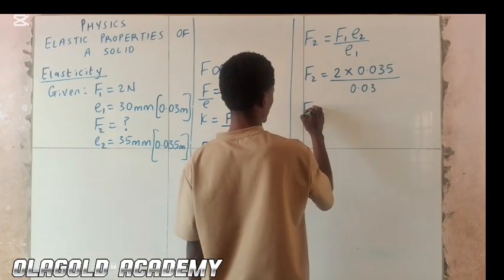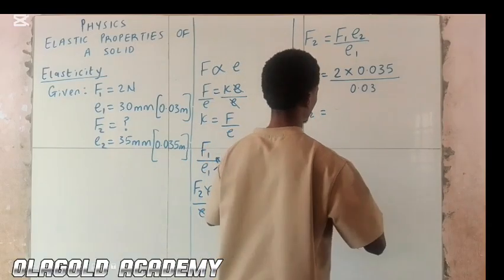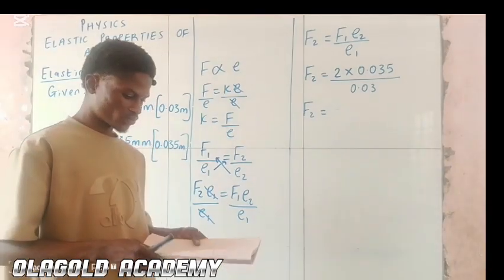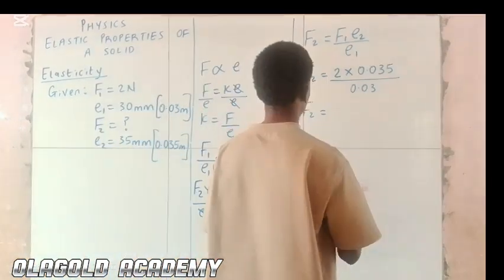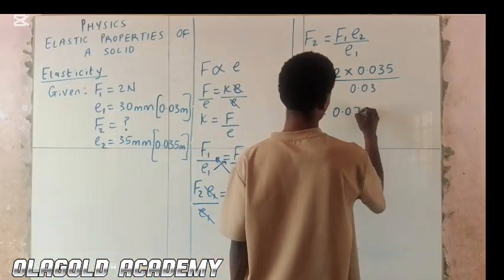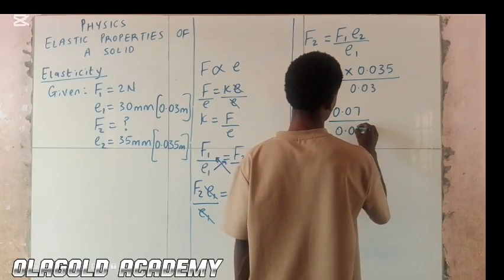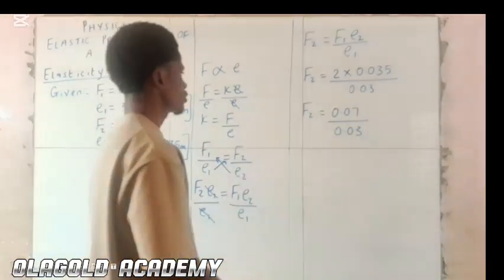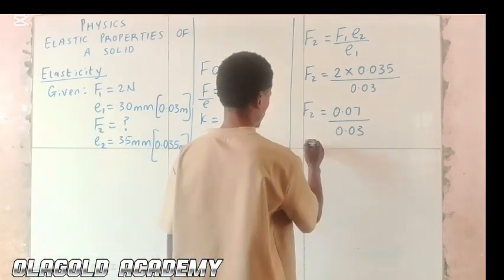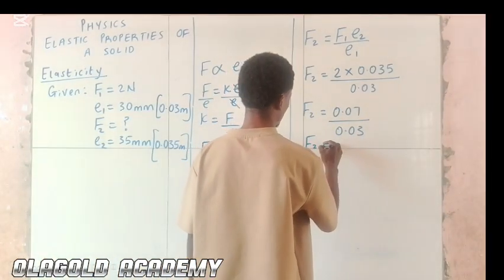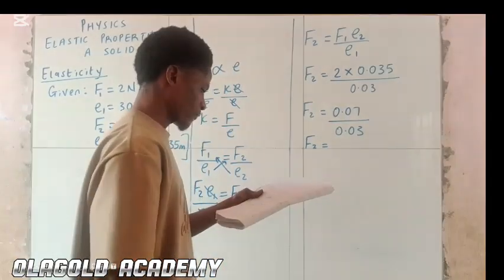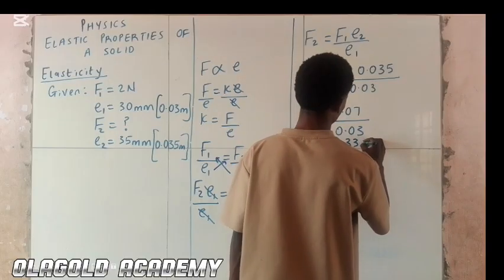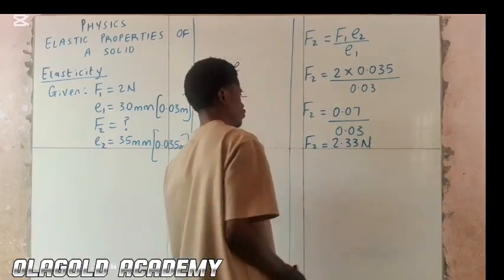So our F2 equal to, well, multiplying, up here we're going to have 0.07 over 0.03. All right, so when we divide further, F2 is now equal to 2.33 Newton.